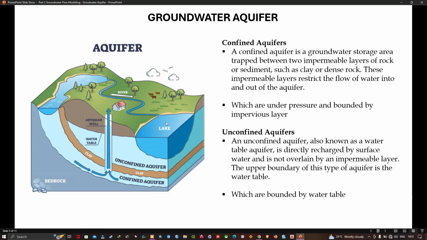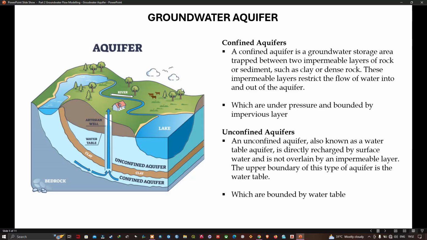So lake water recharges the unconfined aquifer, and it is not overlain by any impermeable layers like the clay we have seen in the previous example of a confined aquifer. The upper boundary of this type of aquifer is called the water table. You can see this line here, which represents the water table.